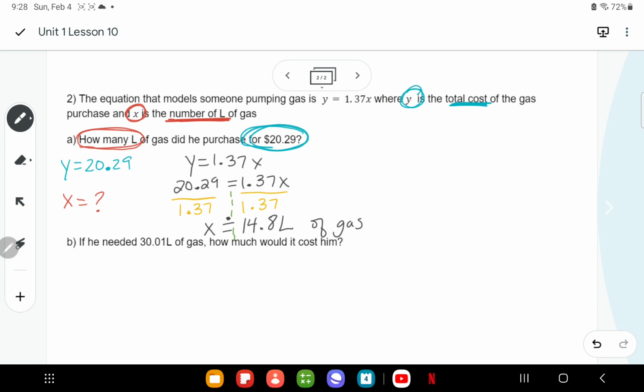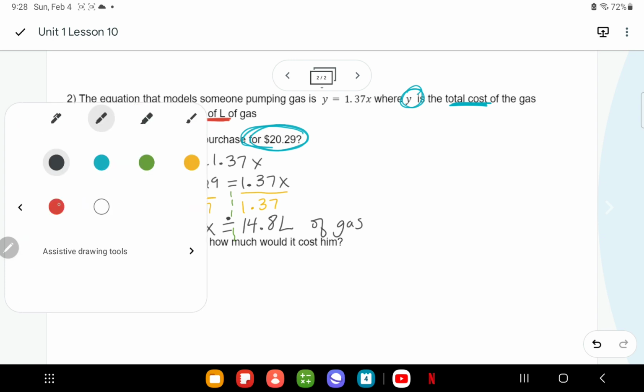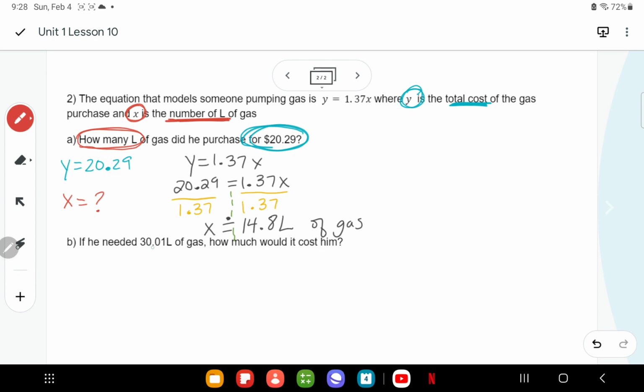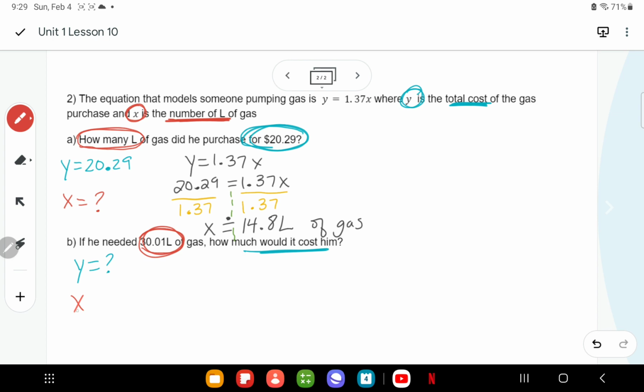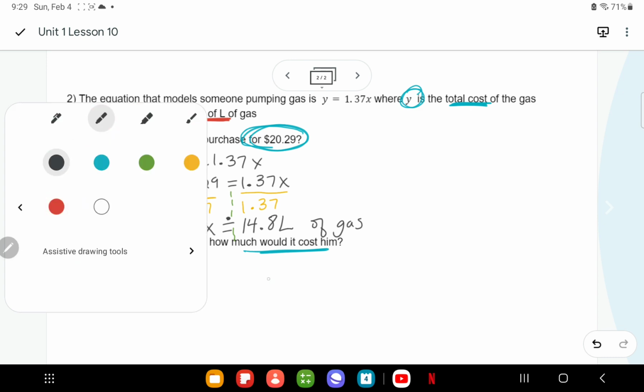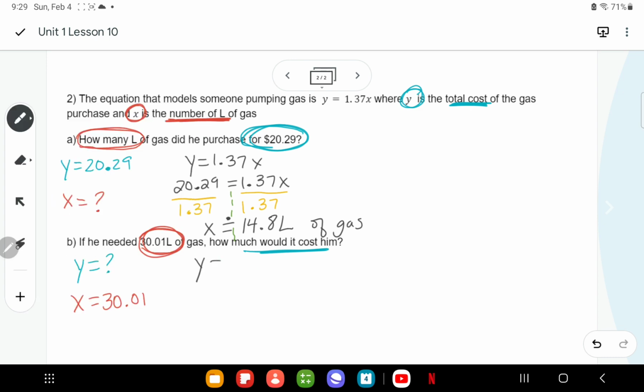Okay, the next one, we're given the opposite information. It says if he needed 30.01 liters, how much would it cost? So here, y is the cost. I don't know the cost. X is the number of liters. I do know that, 30.01. So now we're going to use our same initial equation, 1.37x.